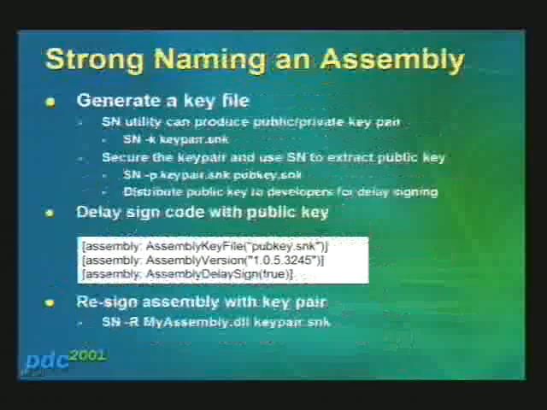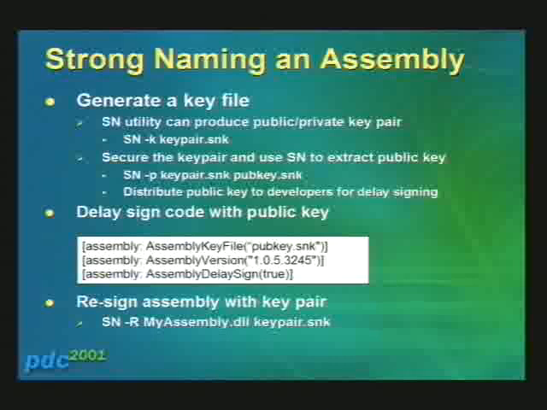So how do I go about strong naming an assembly? First off, we need a key file. We need some store for the keys that we're going to be signing things with. In every case I've seen, they're stored in a key file, but they can also be stored in hardware. And we have utilities to actually support pulling a key from a hardware device as well. But typically what people do is they use a utility called SN for generating a key pair.